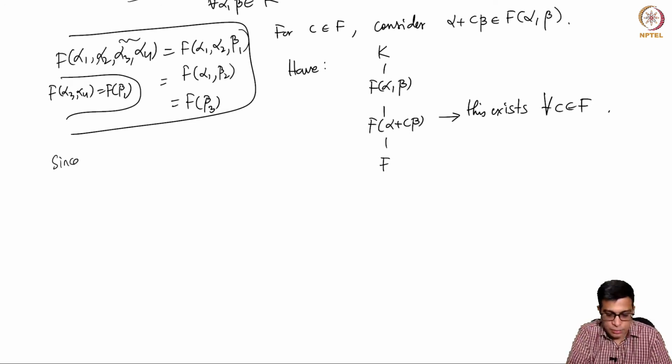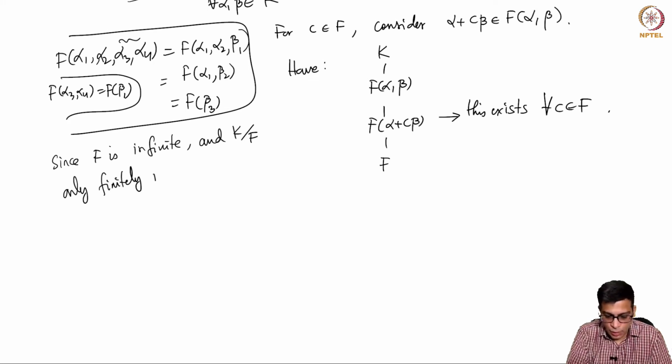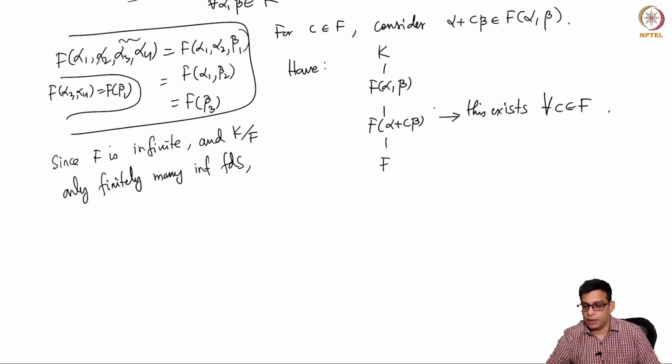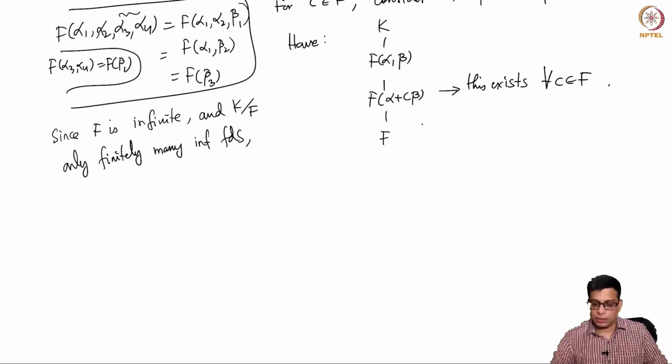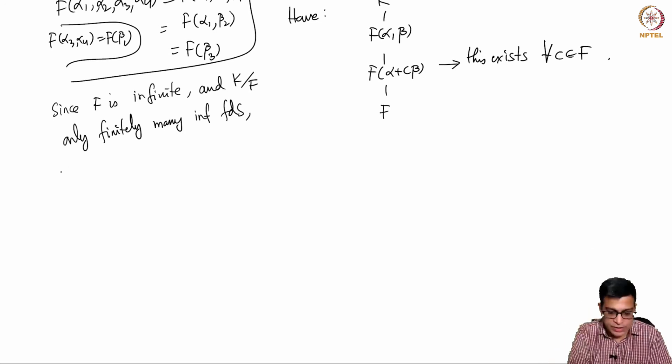So since F is infinite and K over F has only finitely many intermediate fields, right? F(alpha plus c beta) is an intermediate field. So you apply this to every c in F, which you can do infinitely many times because F is infinite, but there are only finitely many intermediate fields.